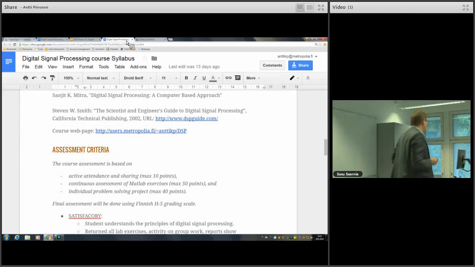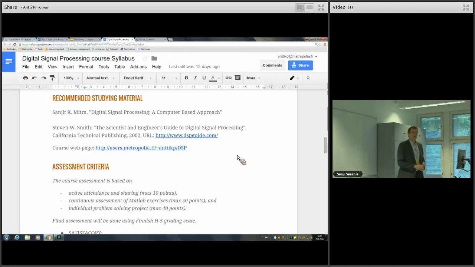Books. I have brief notes, but there are also some real books. Sanjit K. Mitra has written a really nice book, Digital Signal Processing: A Computer-Based Approach, which is an excellent book for ICT students. It's basically an engineering manual, and it also comes with MATLAB exercise books. If you like books, that's a good one.